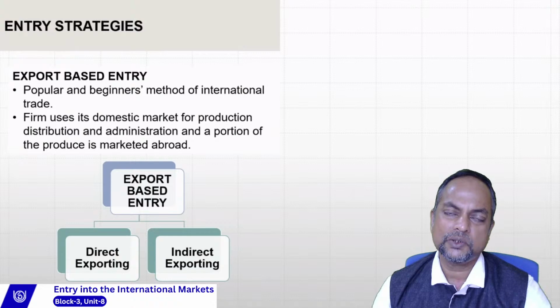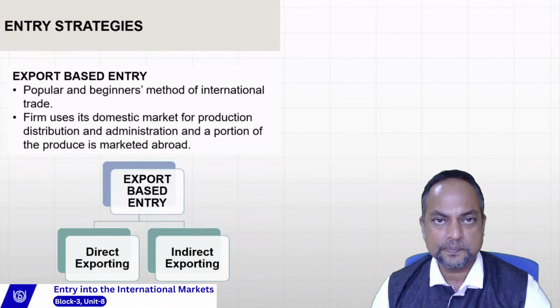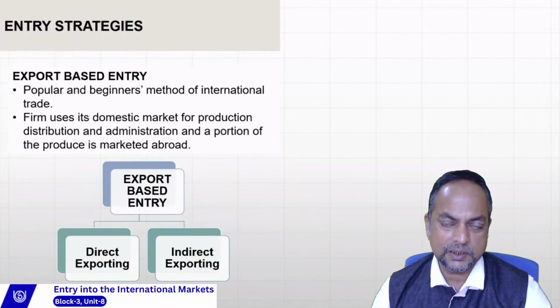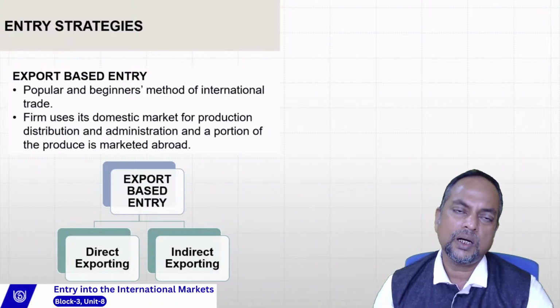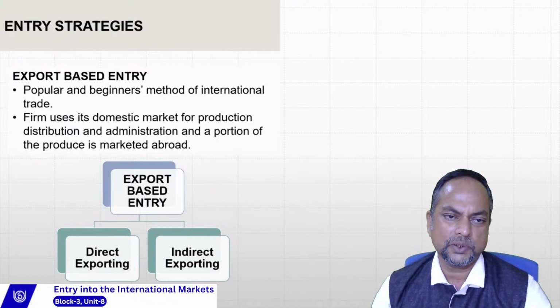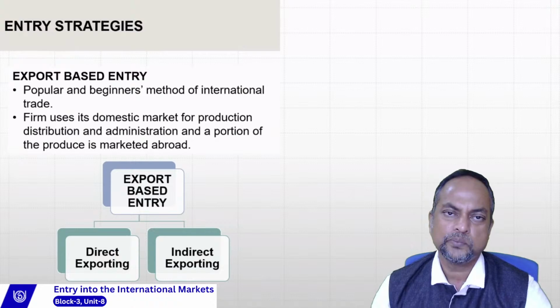What happens over here? Here, the product is manufactured at the domestic level, in the domestic country itself, and then those are transported to the international market itself. Transportation can take any of the ways, like road transport, rail transport, or maybe water transport. Maybe you can think of air transport methods.